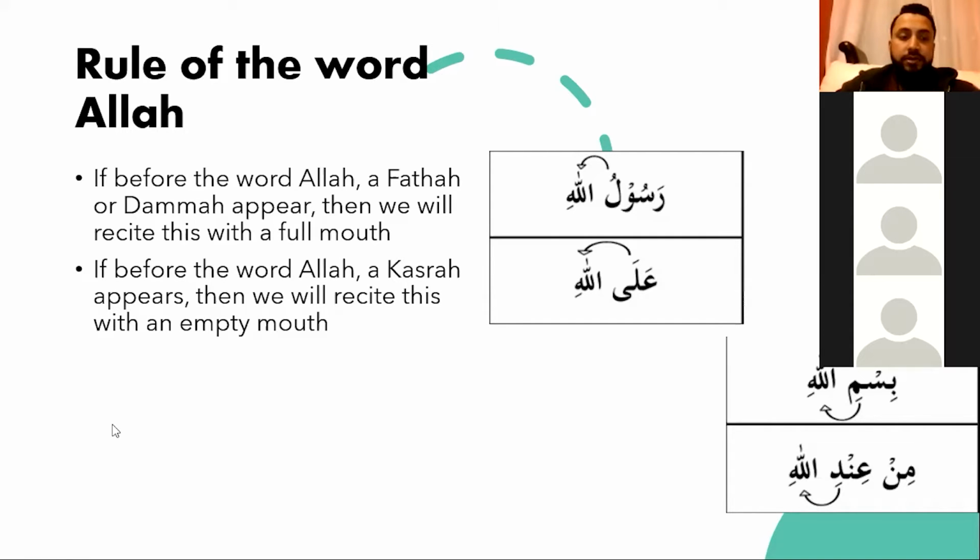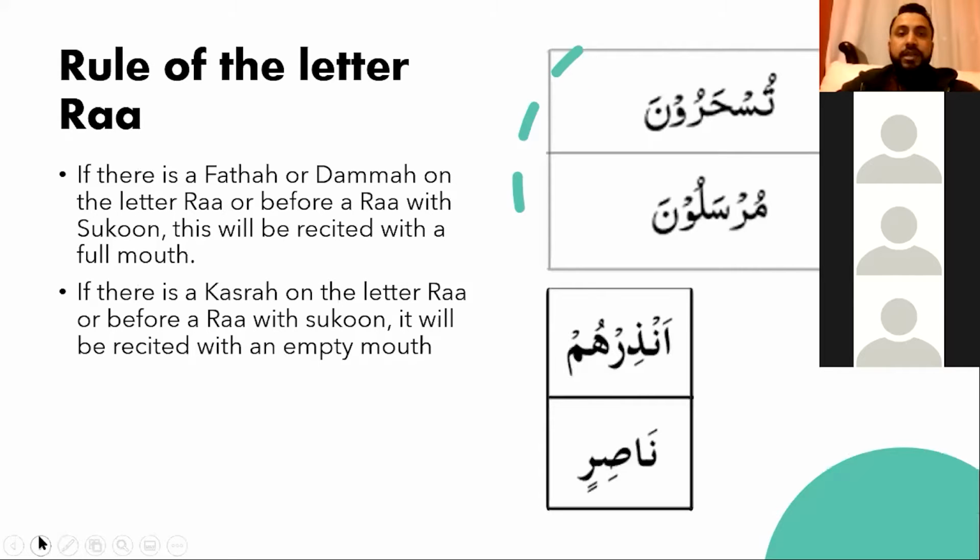Moving on to the next slide. I want you guys to pay full attention to this because it can be a bit confusing. This is the rule of the letter Ra. What we're looking at here is when it becomes full mouth and when it becomes empty mouth.